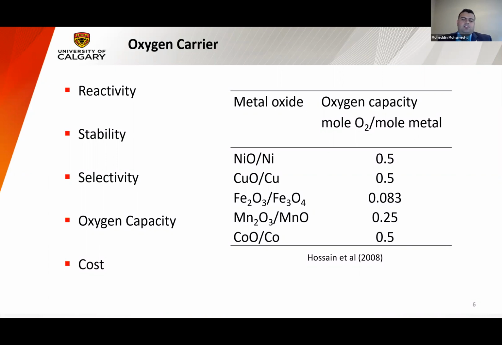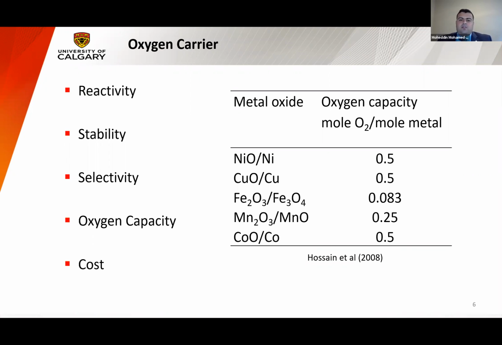The other reaction that can take place is carbon deposition on the metal oxide, which can lower the material's reactivity. Having a high oxygen capacity for the metal oxide can result in a lower amount of material needed and therefore reduce the size of the reactor.